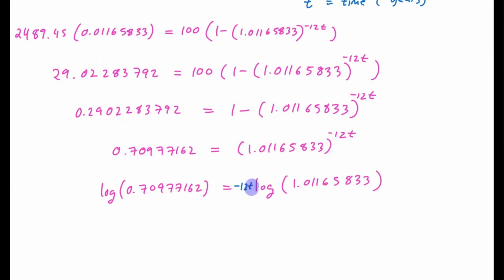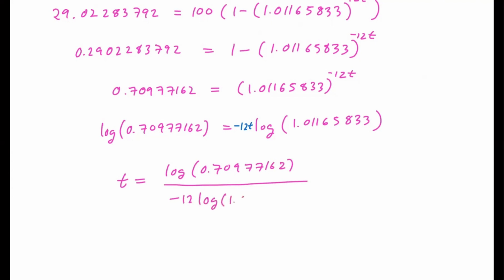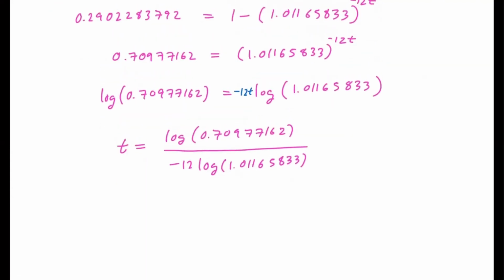It's multiplying the numbers negative 12 and log of 1.011, all of that. I'm going to divide by that on both sides. So t is equal to log of 0.709776162 divided by negative 12 log of 1.01165833. And after you put this in your calculator, you'll get a value of about 2.464. And now this is in years, of course, so be mindful of that.